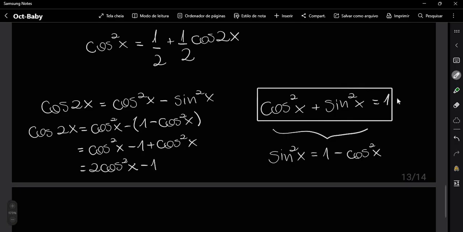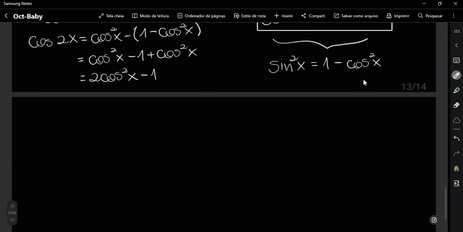Okay, right here we are just doing algebraic manipulations, and we can go on writing that cosine of 2x is equal to cosine square of x minus 1.